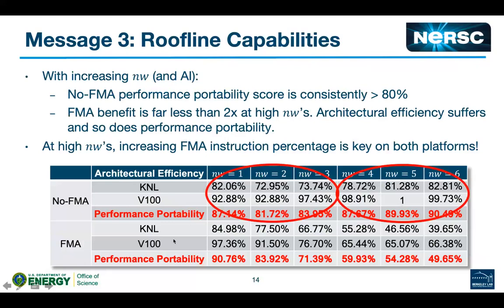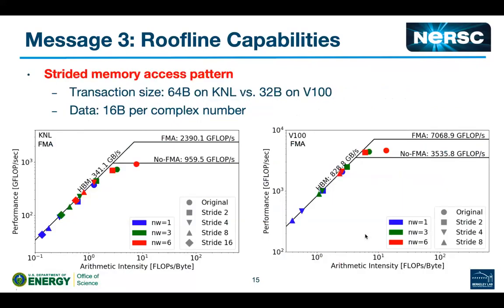And for FMA, because we don't have enough FMA instructions in the kernel at high AI values, the architectural efficiency is dropping, and so is the performance portability score. So I guess the message here is that the score is effective in measuring how consistent performance efficiencies are across different platforms.